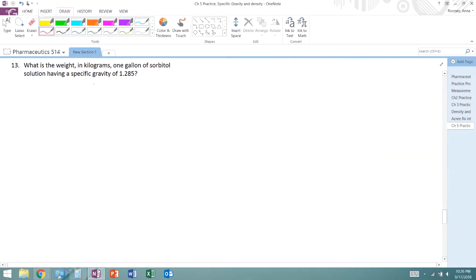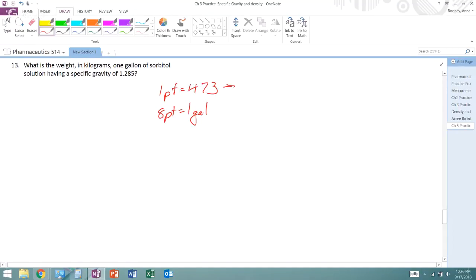All right. What is the weight in kilograms of 1 gallon of sorbitol solution having a specific gravity of 1.285? So earlier we said the 1 pint equals 473, and then there are 8 pints to 1 gallon.